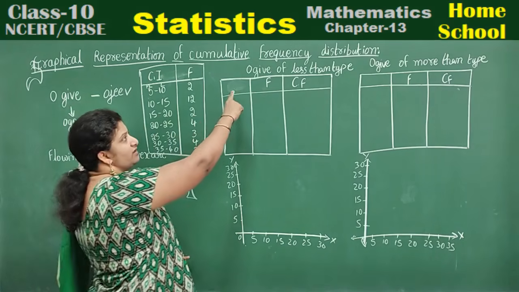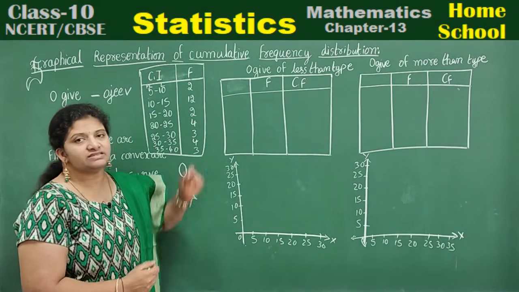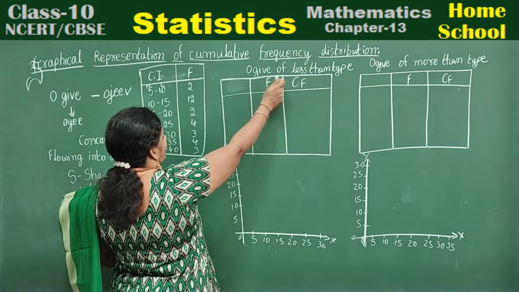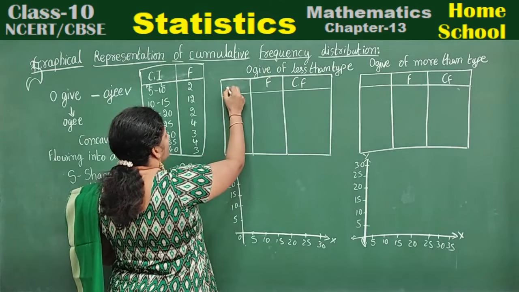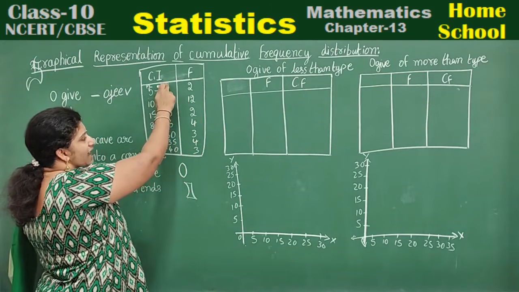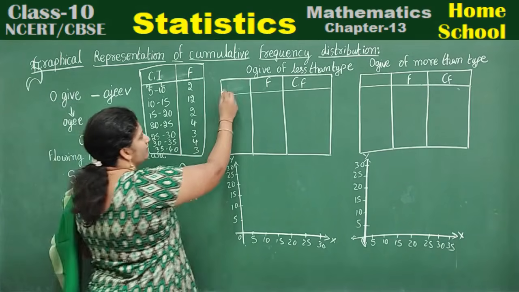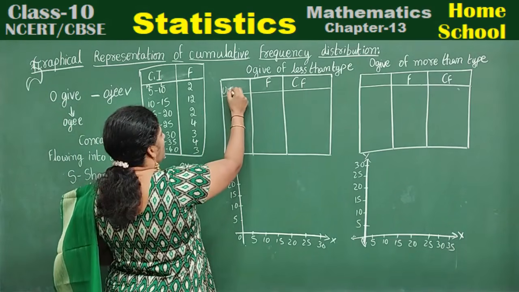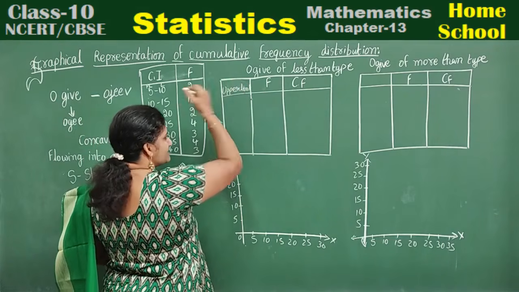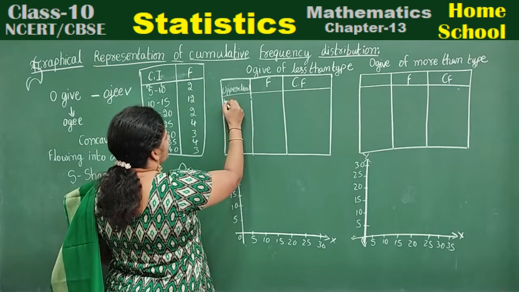Let's start with the ogive of less than type. When we consider less than type ogive, you are going to take lower limit, upper limit. Less than, which side do you have? It is in the form of upper limit. Write upper limit, or whatever sentence they have mentioned.